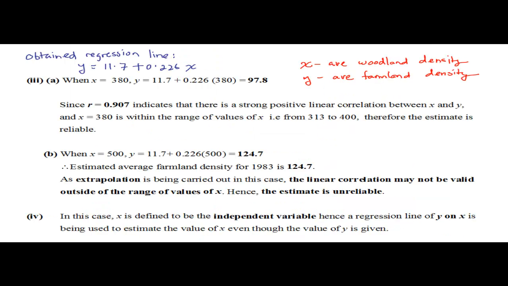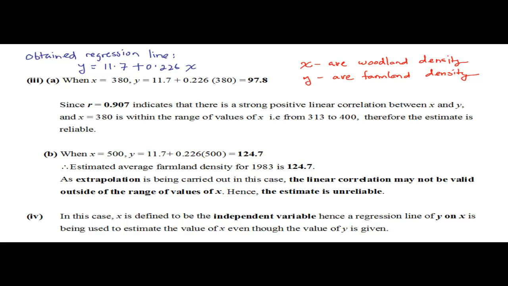Now in part 3 you are asked to predict the average farmland density of the blackbirds, given a certain value for the average woodland density. Before we handle this, we need to know which variable is the dependent variable and which is the independent variable according to the context of the question.